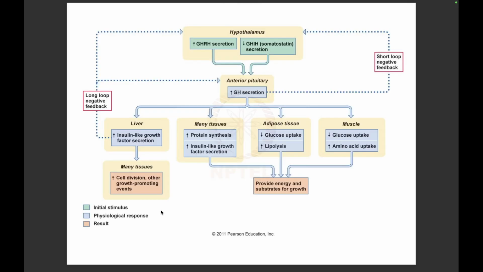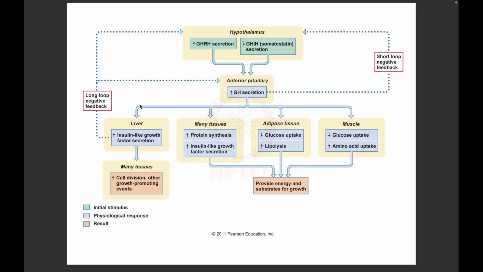Okay, so here this is a hypothalamic GHRH, and this is GHIH. So this is a releasing hormone and this is an inhibiting hormone. They both work on the anterior pituitary to control growth hormone secretion.